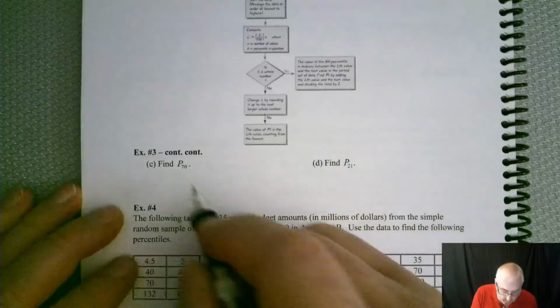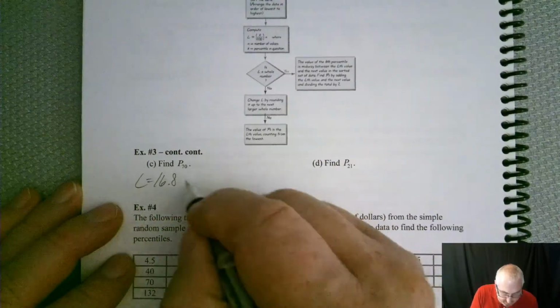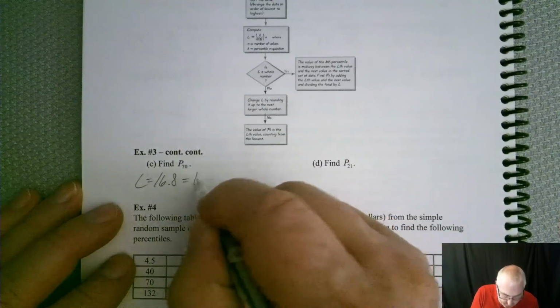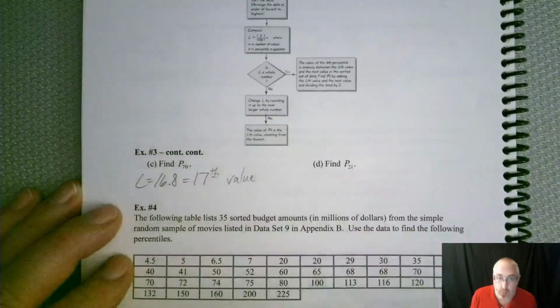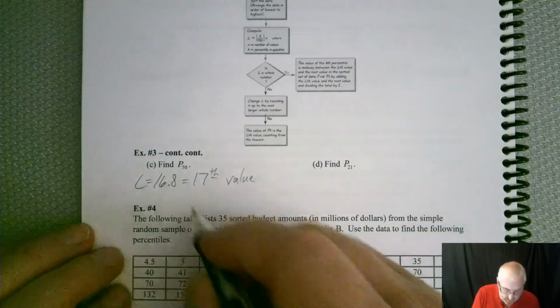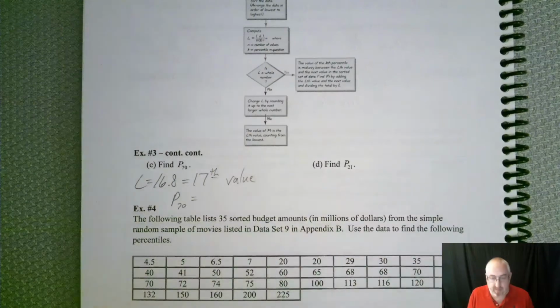So now that we know that L was 16.8, based on our flowchart, we have to first round it up. So the 17th value in our data set is going to be our answer. So P70 is equal to the 17th value.